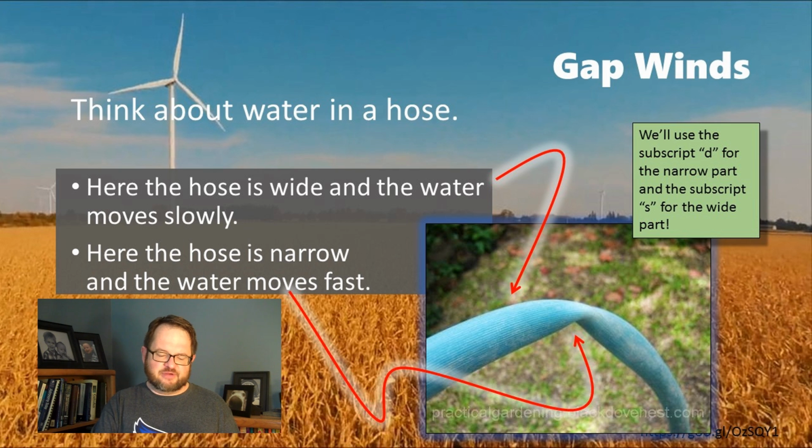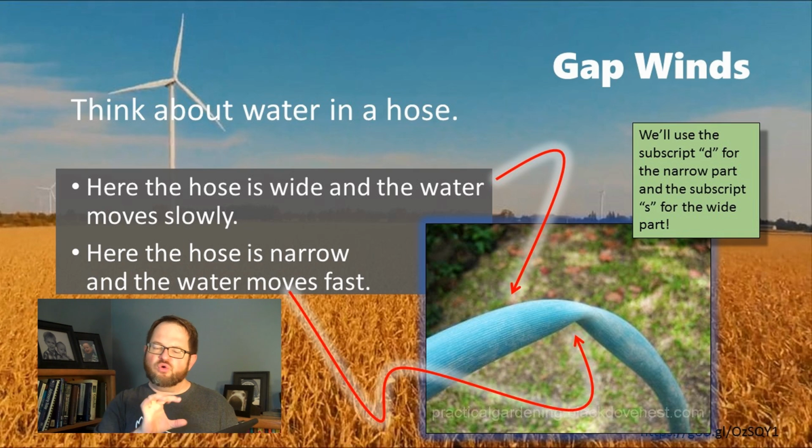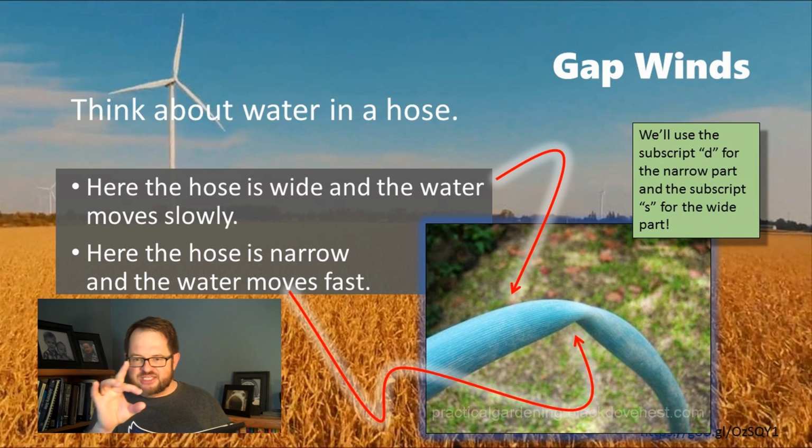For example, I have a garden hose down there, and there's a fat stretch of the hose, and then I put a kink in the hose right there. Where the hose is wide, the water flows relatively slowly. Whereas as the flow gets constricted to move through that narrow kink, the water has to move relatively fast to move the same amount of water through that narrow place as it moves through the wide place.